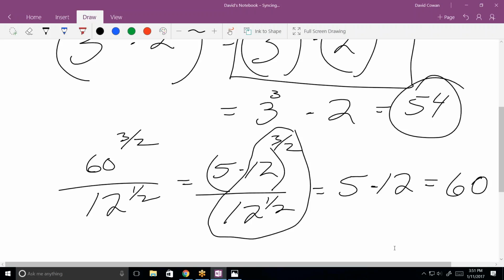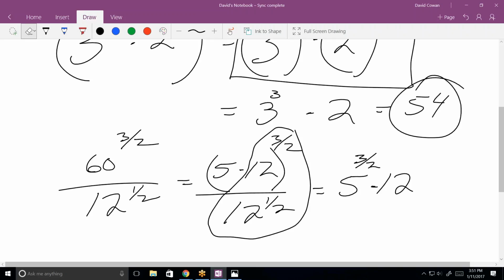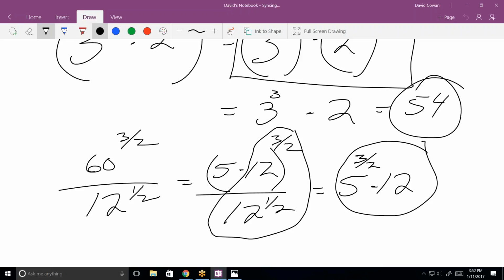Yeah, so you can factor the 12 cancel. Yeah, so in other words, that 3/2 has to be applied to the 5 and the 12, and then the answer does not equal 60. It's whatever that number is, and you'd have to get that out of a calculator.